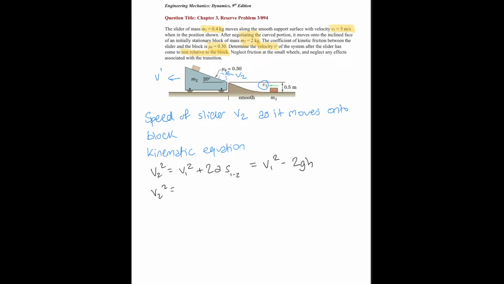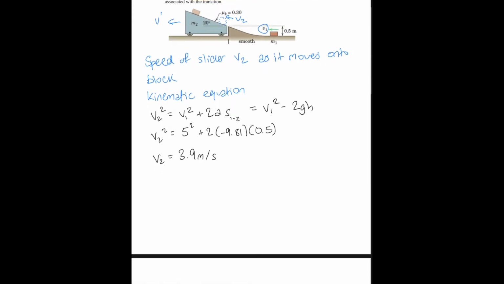So if you plug in here the values that we know, we get v2 is equal to 3.9 meters per second. Now we're going to talk a little bit about some new material here.